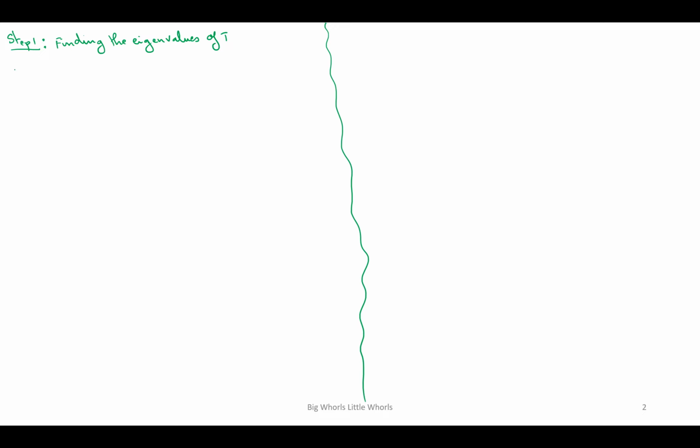So how do we find the eigenvalues? Basically this question is going to be made of everything we have learned so far from chapter 1 till chapter 5, so it's going to be a bit long.